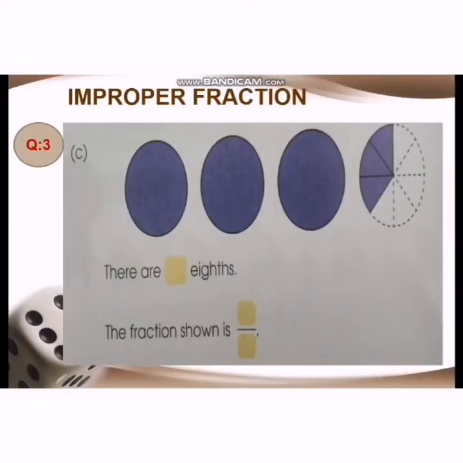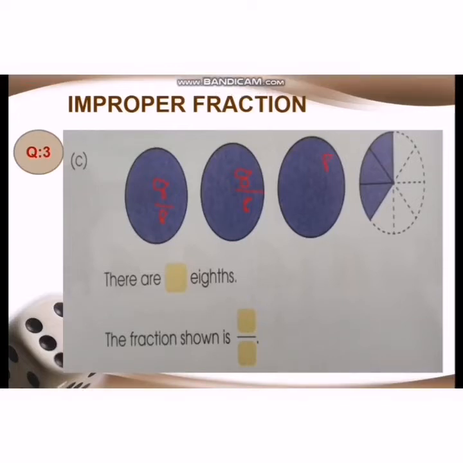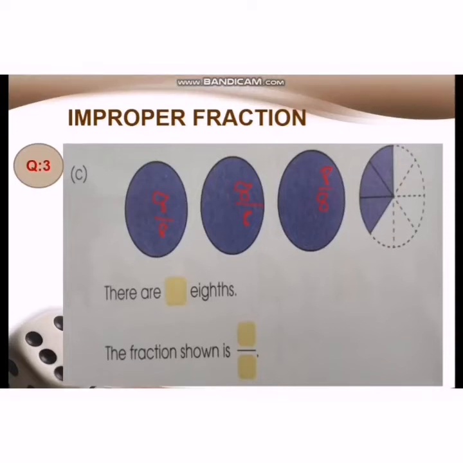We have part C. There are dash 8s. Now we have three figures fully shaded and the last figure has three parts shaded. The first figure is 8 by 8. The second figure is also 8 by 8. The third figure is fully shaded, so it is 8 by 8.